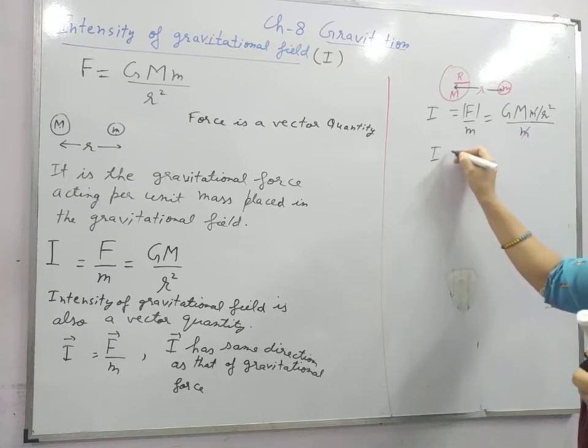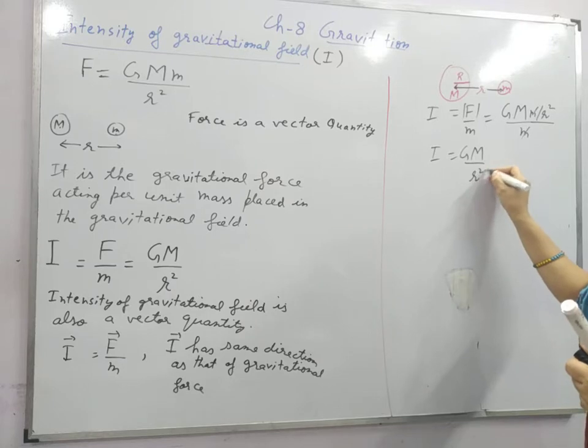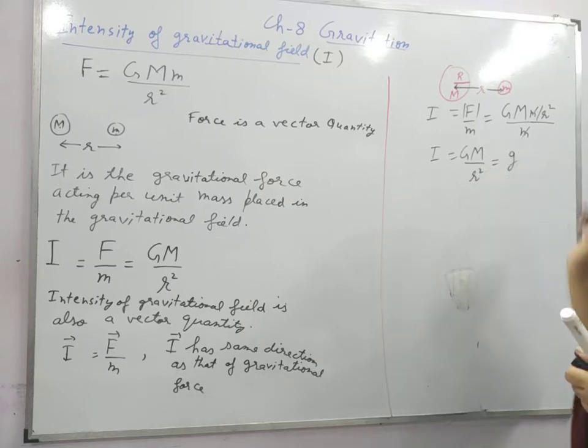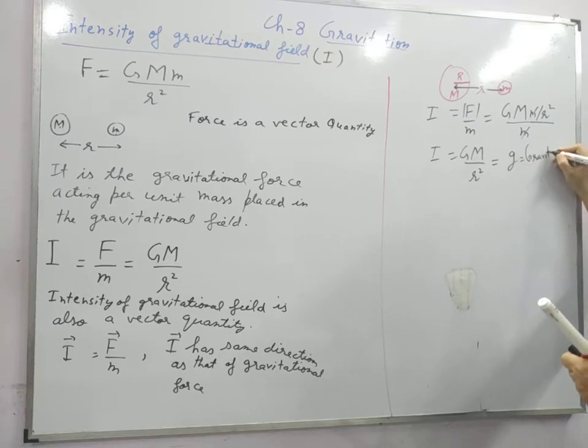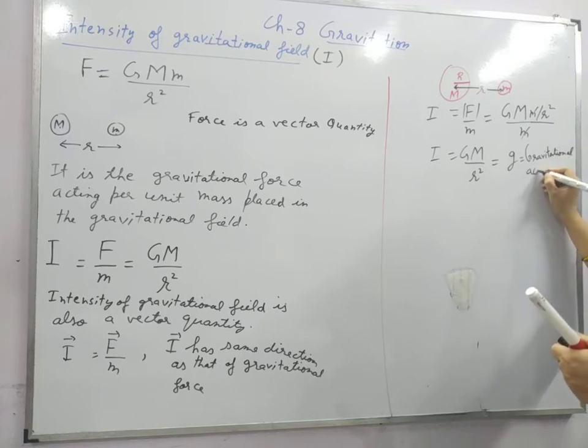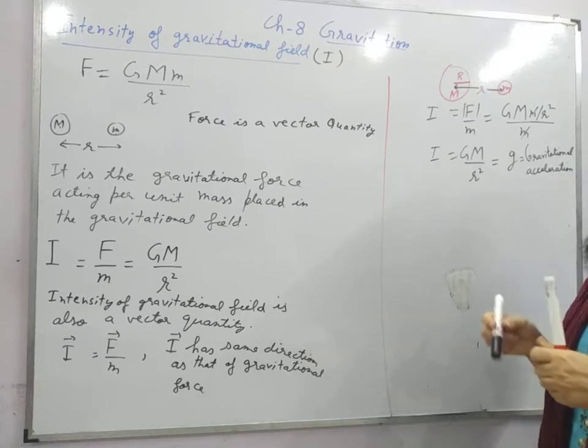So this will be G M upon r square. What is this? This is small g. And what is this? This is gravitational acceleration, or acceleration due to gravity, one and the same thing.